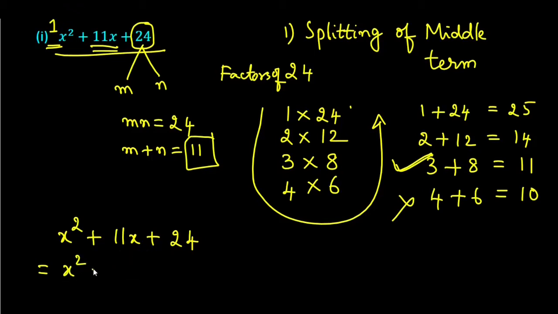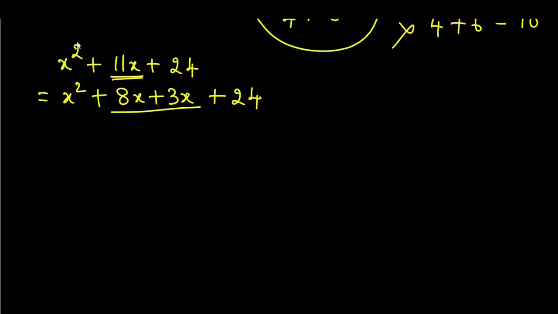X square plus 8x plus 3x, 11x is written as 8x plus 3x, plus 24. Starting with 3 terms, we have written 4 terms here, and we'll group these 2 terms as one group and these 2 terms as another group.